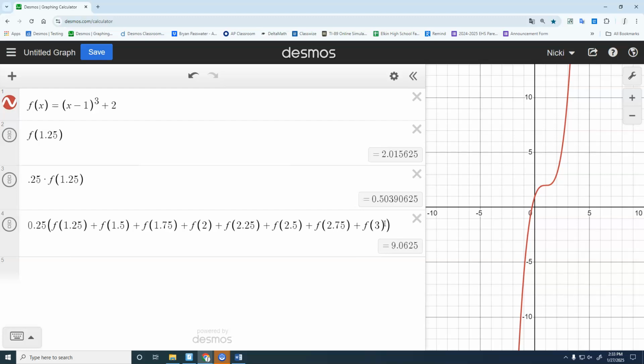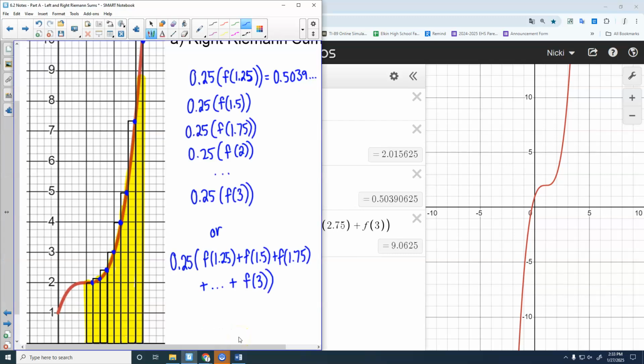They use all the way from 1 to 3. Then you need to go back and change something about what you've got. So for this one, we should get 9.0625 as our answer. So that would be our estimated area.